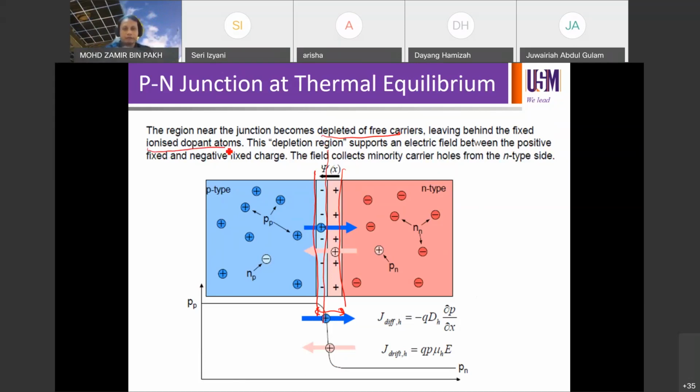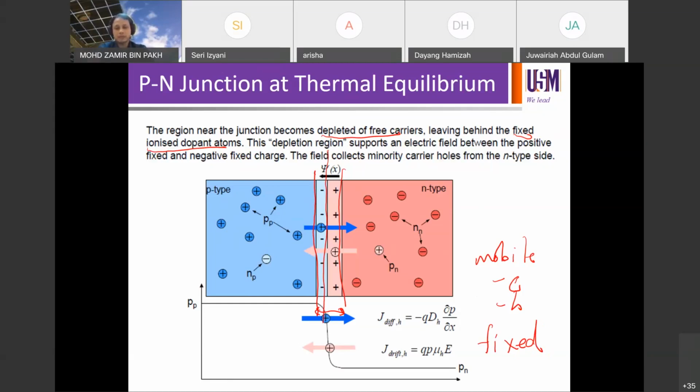Fixed ionized dopant atoms. Fixed means not mobile, okay? If you talk about mobile carriers, it's referring to the electrons or holes that are diffusing. But in this case, it's referring to fixed ionized dopant atoms. They do not move. An atom, if it loses an electron, becomes positively charged, and on the other hand it becomes negatively charged if it receives an electron.